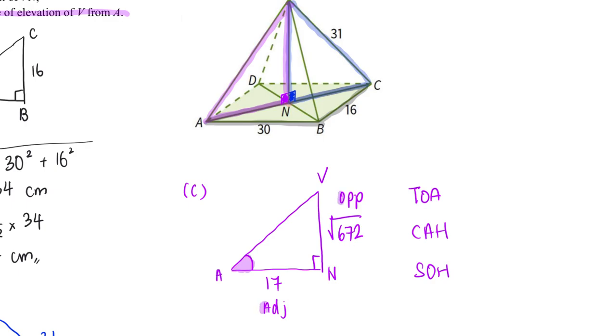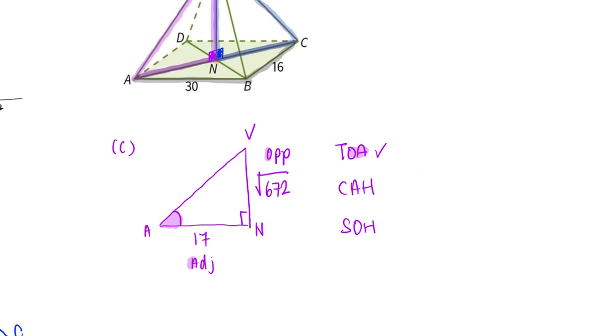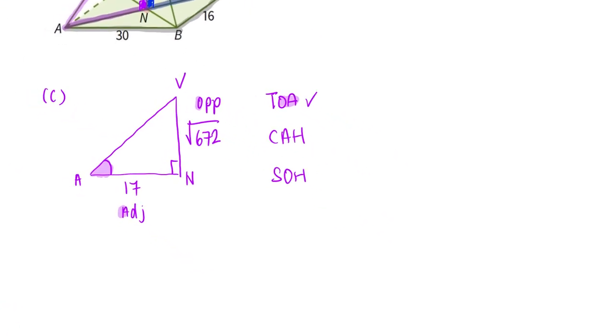We have O and A. Tangent. So tangent angle VAN will be equal to opposite over adjacent side. So I would be able to get my angle VAN.